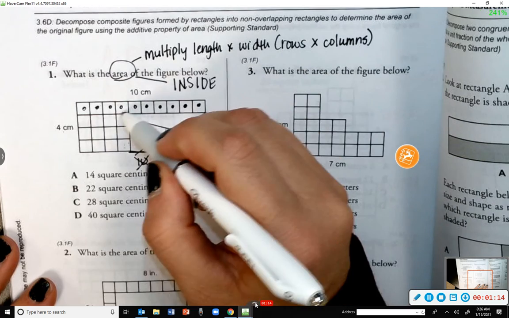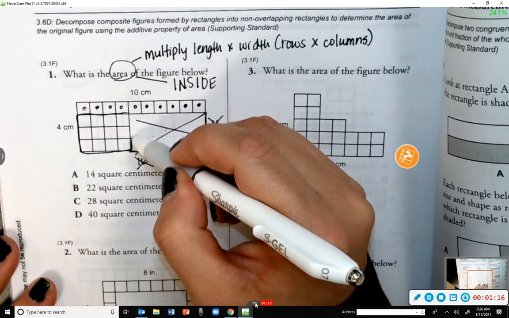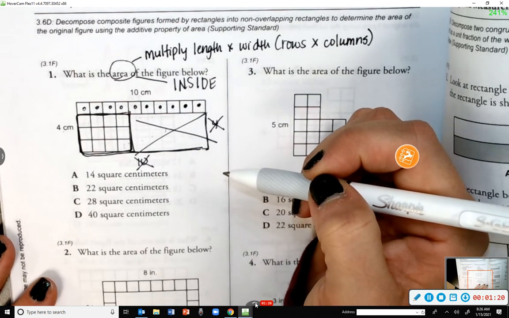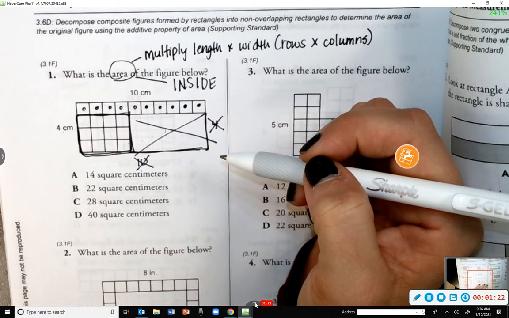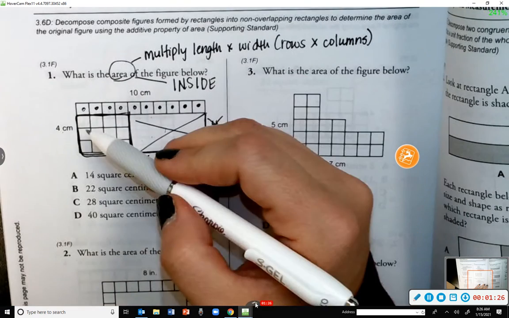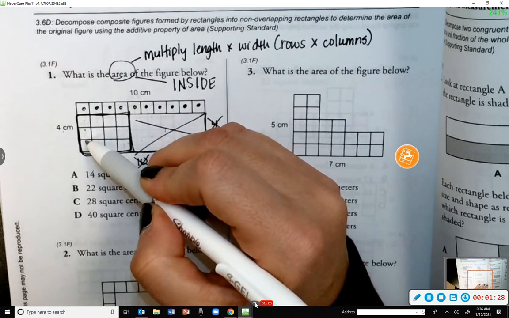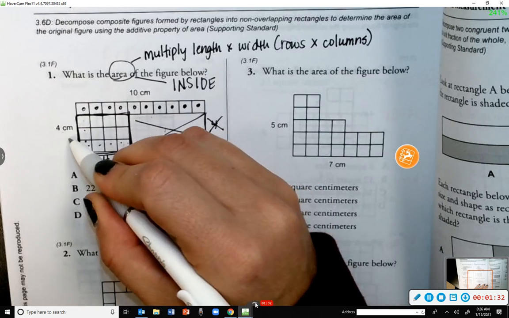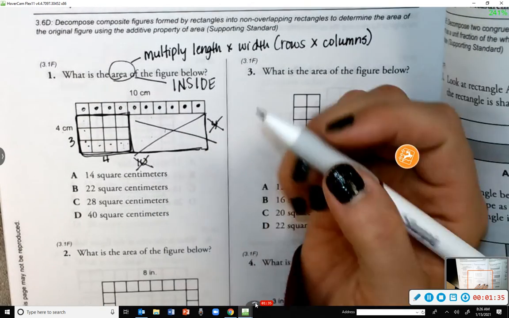Now this little section that's left over is a perfect rectangle, isn't it? Could I multiply rows times columns for that piece to make it quicker? I could if I wanted to. So now it's 3 times 4. What's 3 times 4? 12.